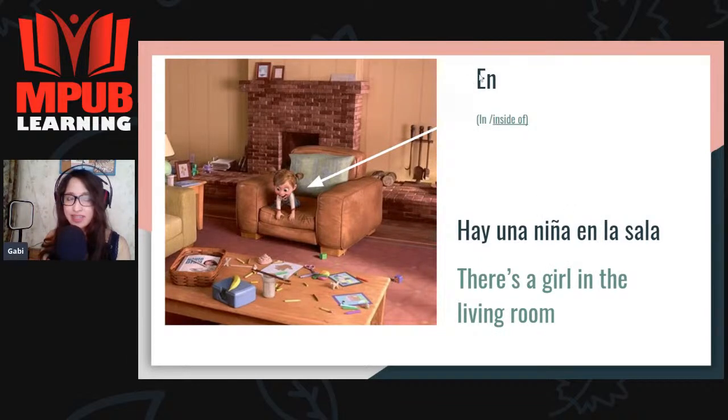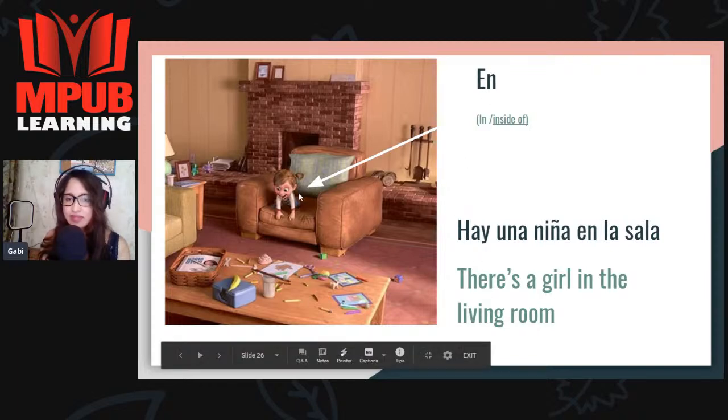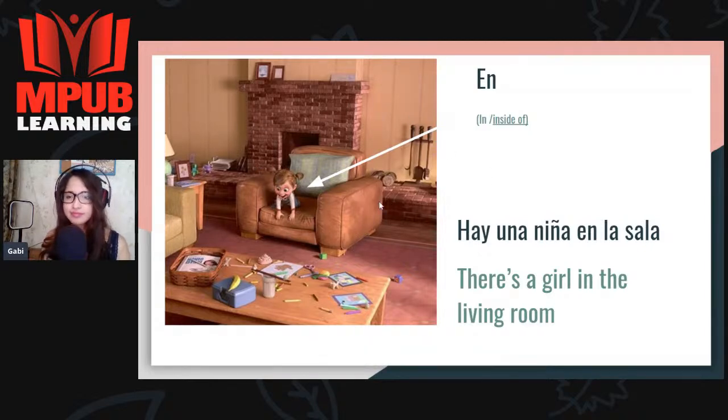Now we're going back to the word en. There's a girl in the living room, as we can see, right? This is the living room, clearly. So we say, hay una niña en la sala. As you can see, en is another way of saying that the girl is inside the living room.